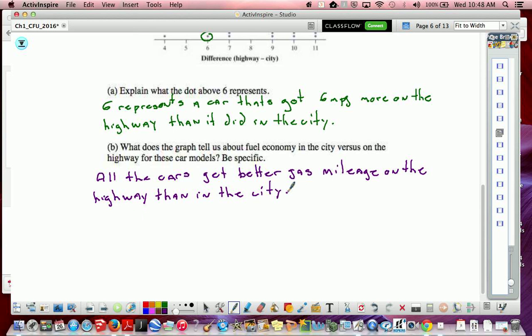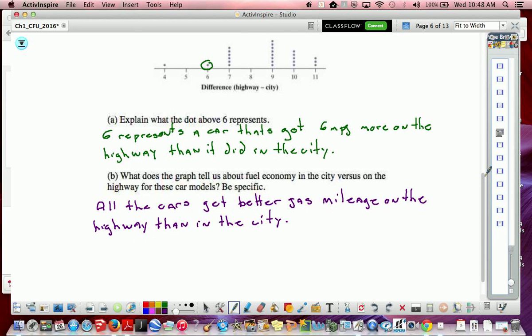Now I want to get specific. If I take a look at this, I want to mention something like, look at how well some of these cars do. There's a little gap here, but I still want to kind of include these. All the cars but one are getting 6 or more miles to the gallon better.